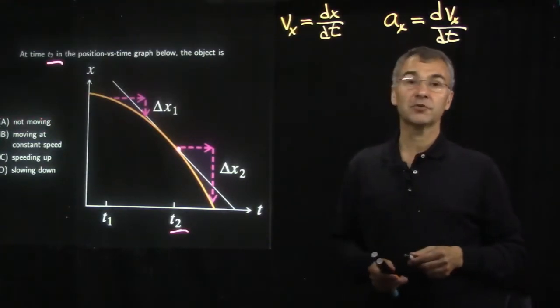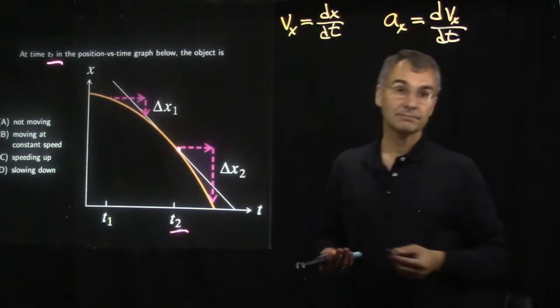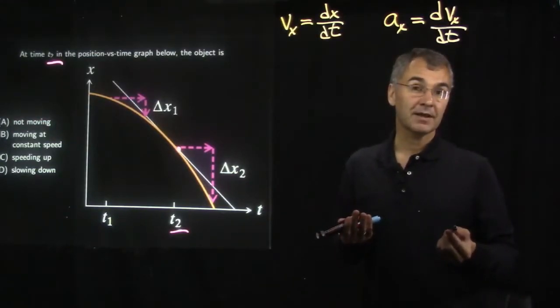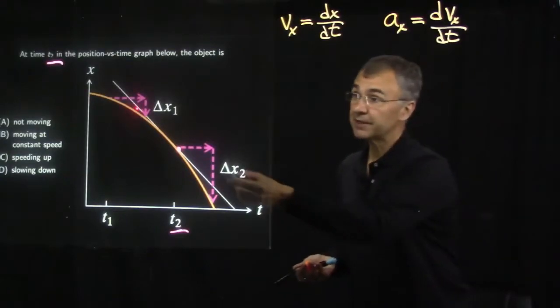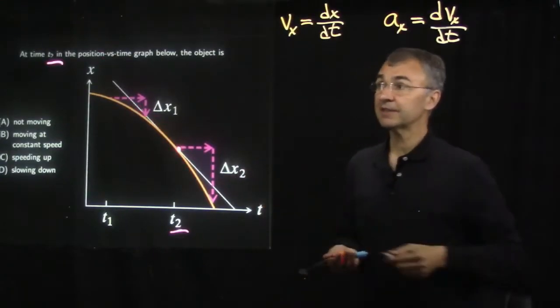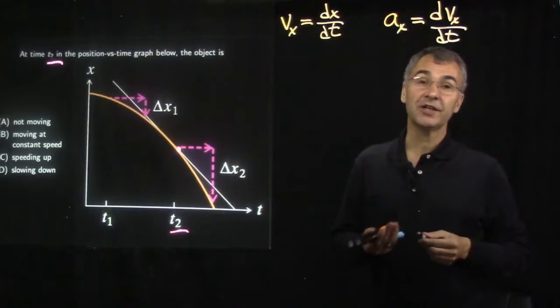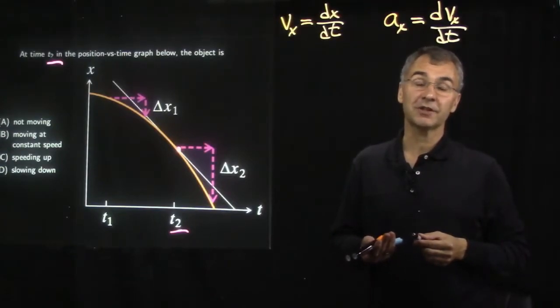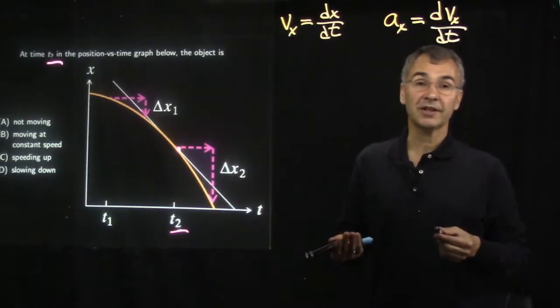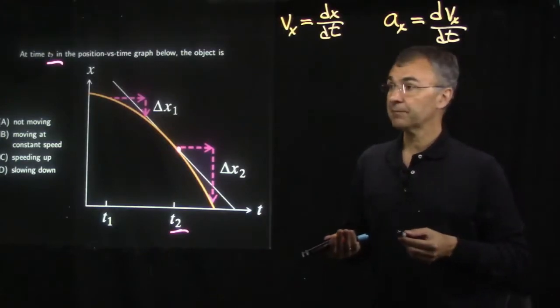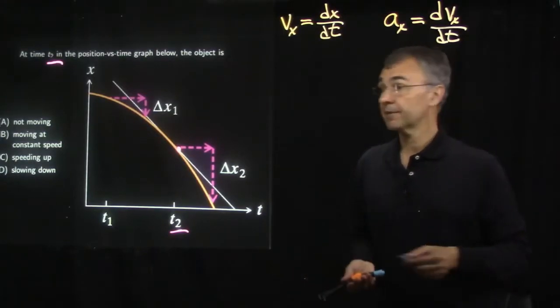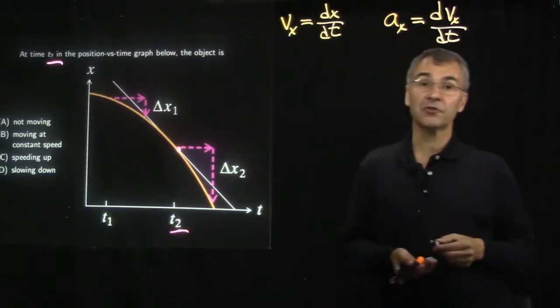Is it not moving? Well, what do you think? I think it is moving, because if it were not moving, then x would be unchanging as a function of t. So because x is changing as t increases, I think it is moving. Is it moving at constant speed?